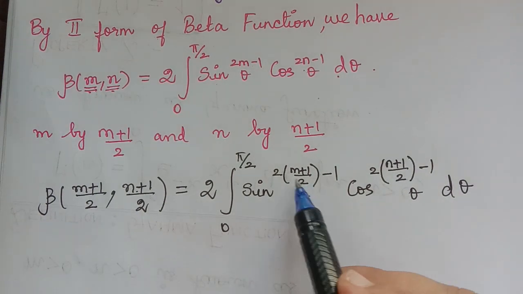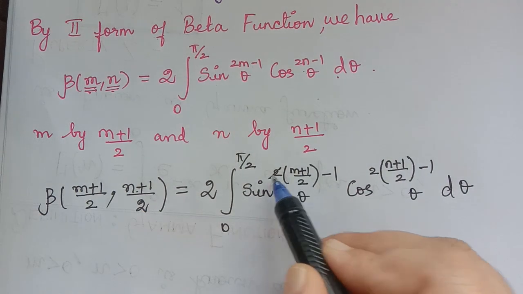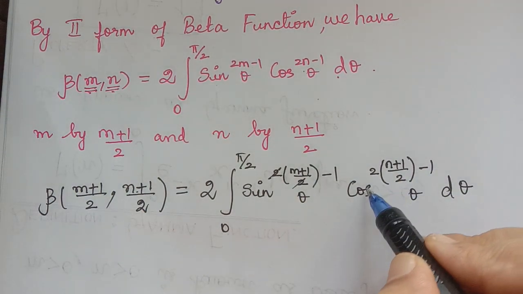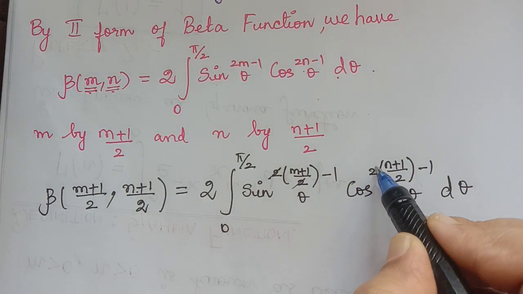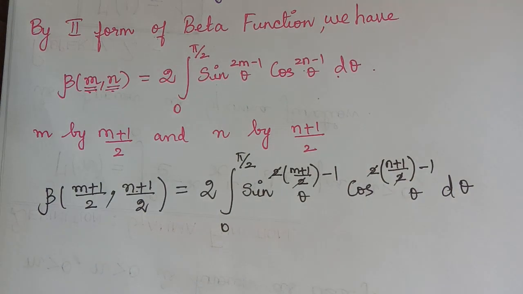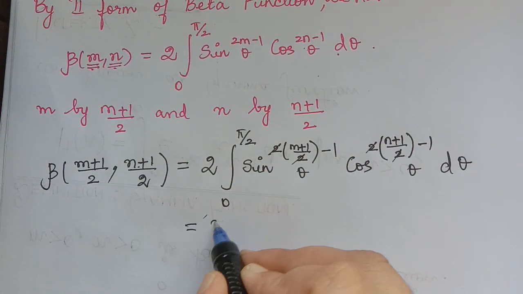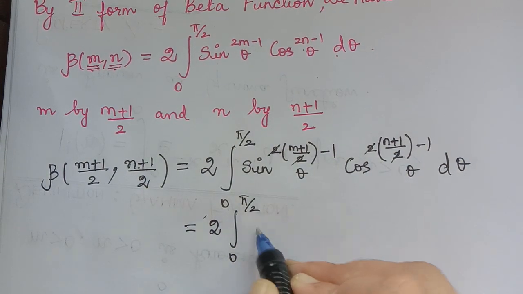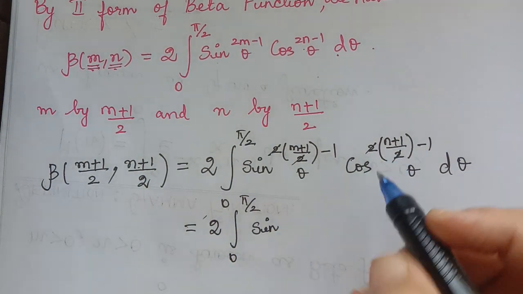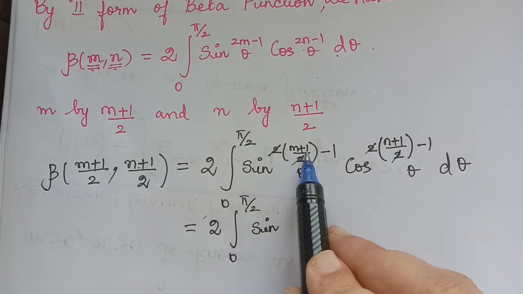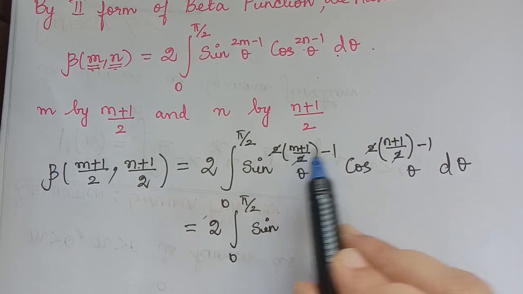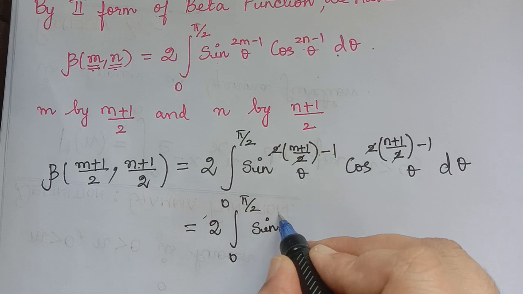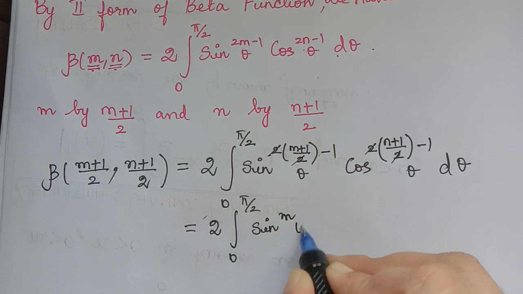Now on simplifying this, we observe that this 2 and this 2 get cancelled, and also in the power of cos, this 2 and this 2 get cancelled. And so we will be left with the integral, that is twice integral 0 to pi by 2 sine to the power, we have m plus 1 minus 1. So plus 1 and minus 1 will get cancelled and we will be having sine power m theta.